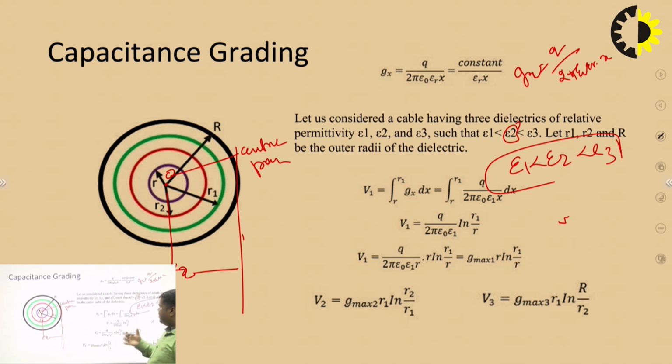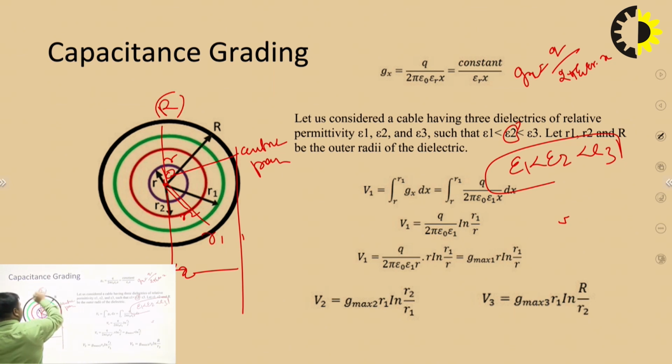Let r1, r2, r3 and R be the outer radii of the dielectrics. If we see the potential, V1 equals the integral of Gx dx.